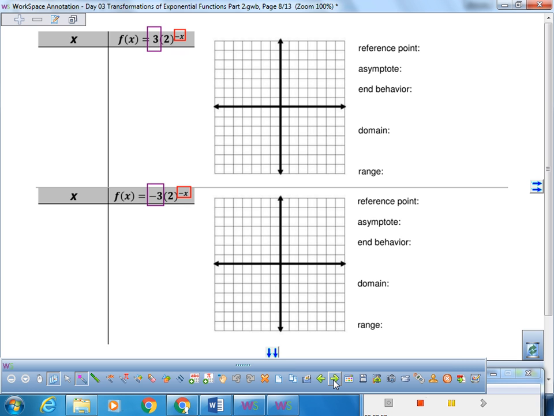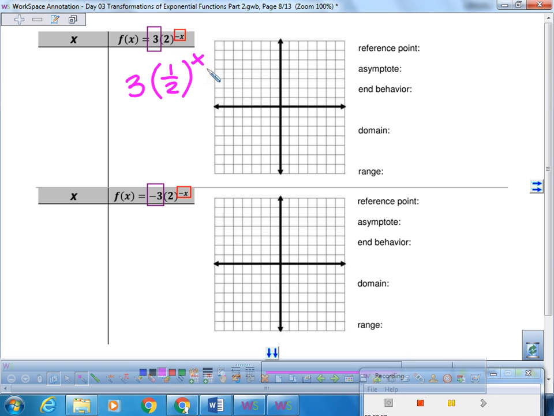So instead of being this negative, it turns into 3 times 1/2 to the x. Is that true? You could write it either way, right? So basically you're using the same numbers, like those magic numbers we always talked about. We're using the same numbers, only we're going in the left, the decay direction.